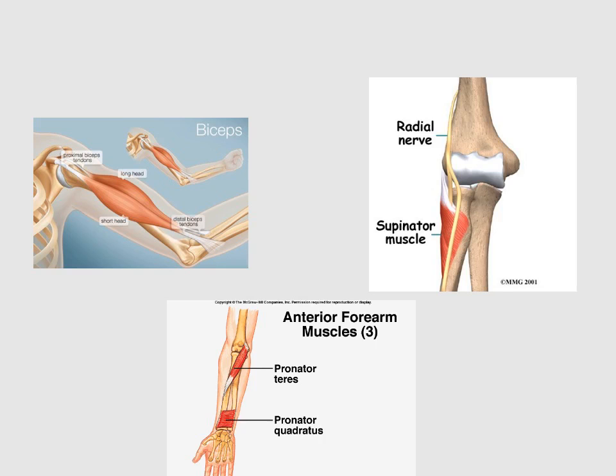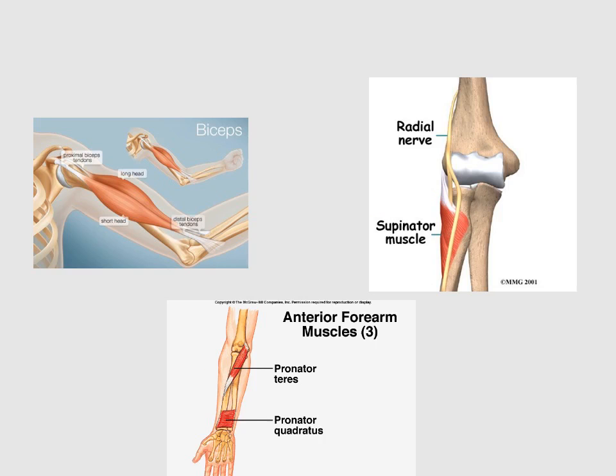In the middle part, pronator teres causes the displacement, because it inserts in the middle part of the radius. And in the lower part, as you expected, pronator quadratus is the cause of displacement. Again, in the upper part, biceps and supinator; in the middle part, pronator teres; and in the lower part, pronator quadratus.